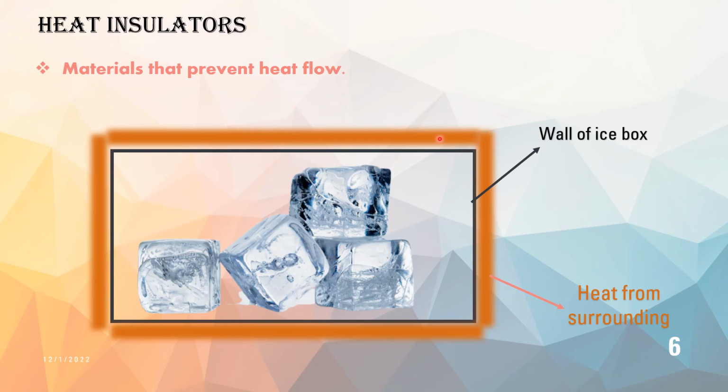Now imagine this orange painting as heat from the surroundings. The heat insulator acts as a wall. This wall prevents heat from the surroundings from entering the ice box. So no heat can enter the ice box. The ice will not absorb heat and will not melt.